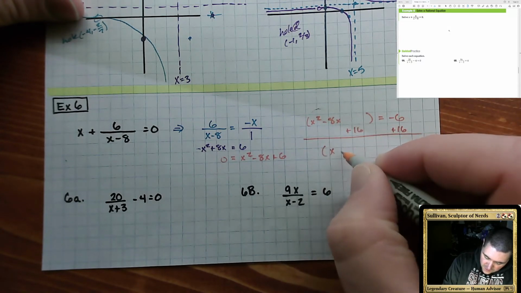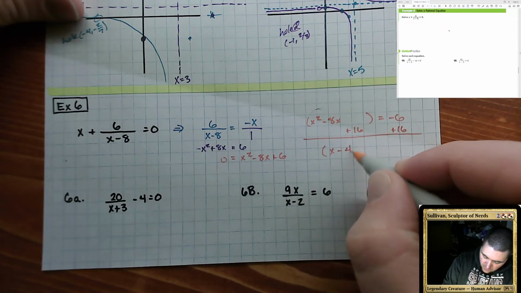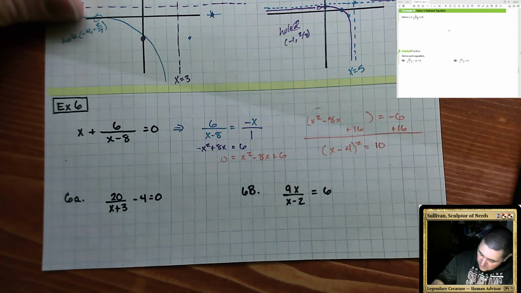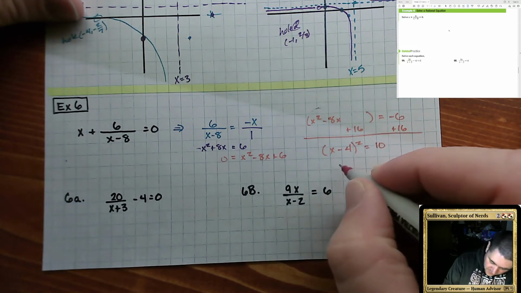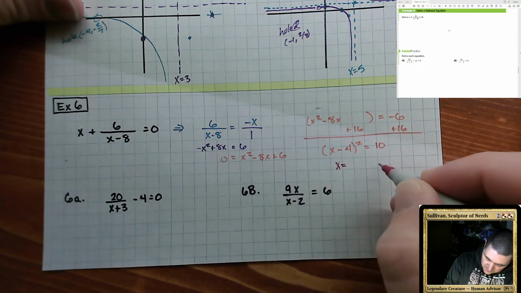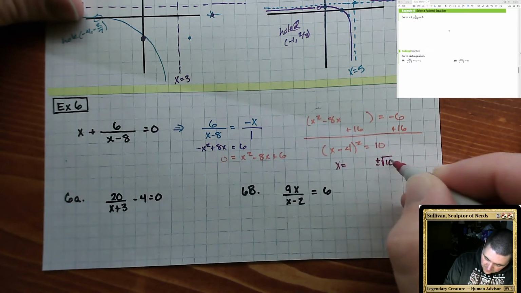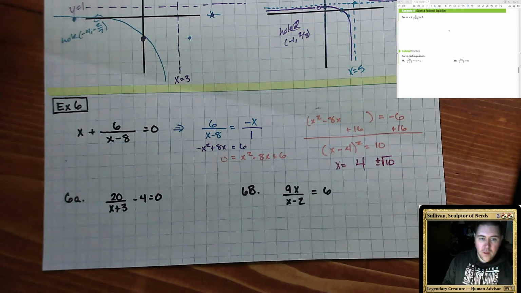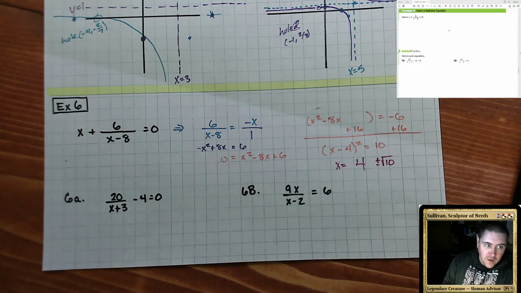Getting the quantity x minus 4 squared, always half of b squared, is 10. Solve by square roots. Getting x is plus or minus square root of 10, and then I'll have to add 4 over. So 4 plus or minus square root of 10 as an answer.